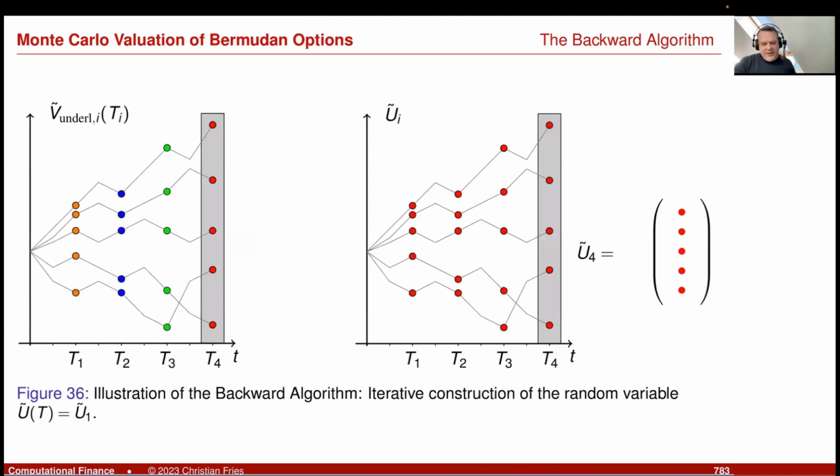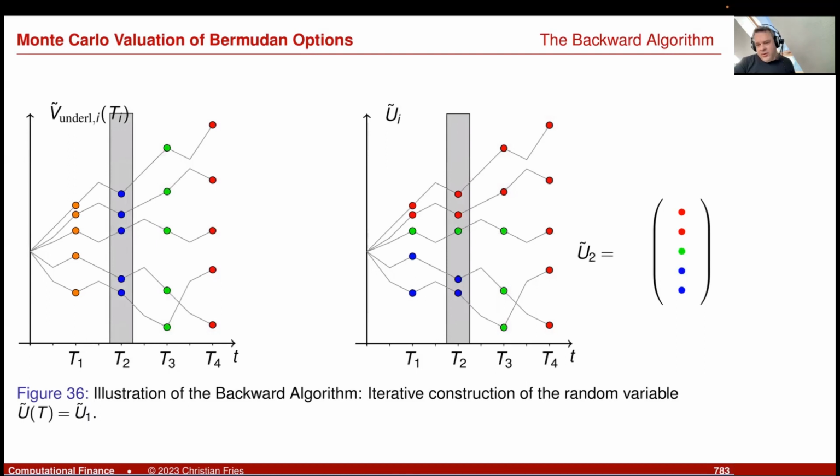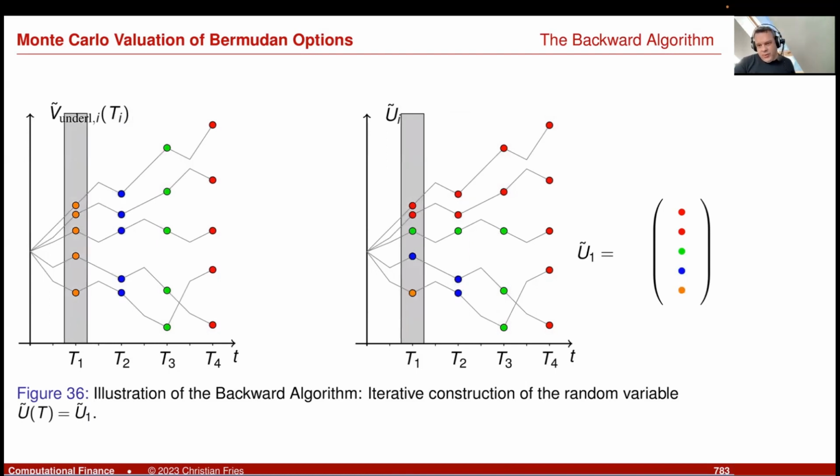On the left side, you have the value of the underlying at each time, and then on the right side you update this random variable U tilde_i by going backward and checking, do you take the underlying value or do you take the continuation value, the value that you had already in this vector?